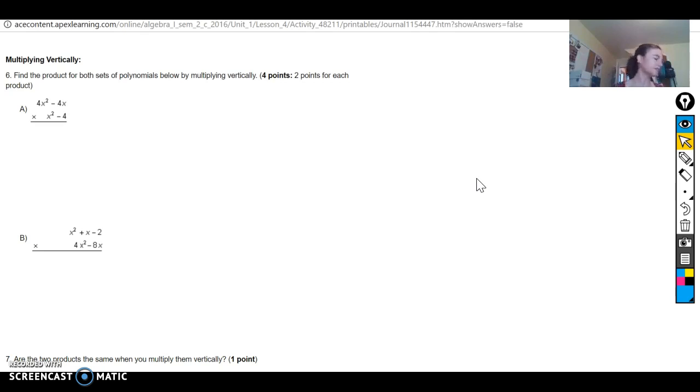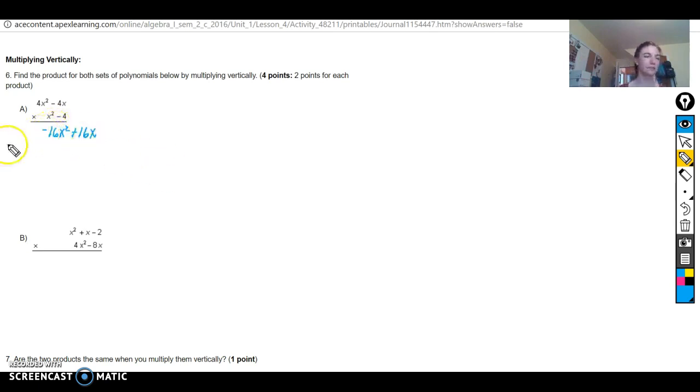So in this method, I am going to take this negative 4 and multiply it by each of the terms on top. When I do that, I get a negative 16x squared and a positive 16x.